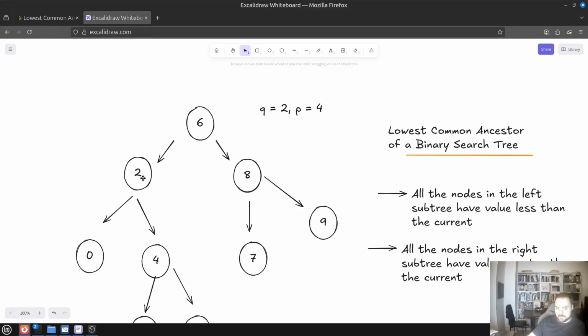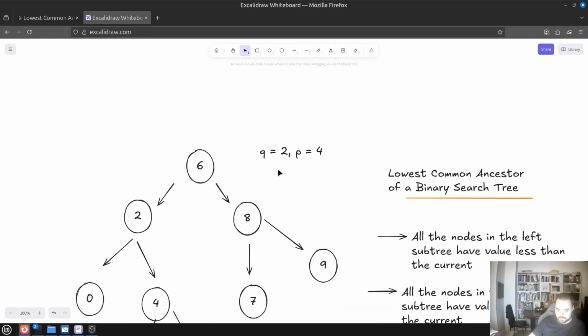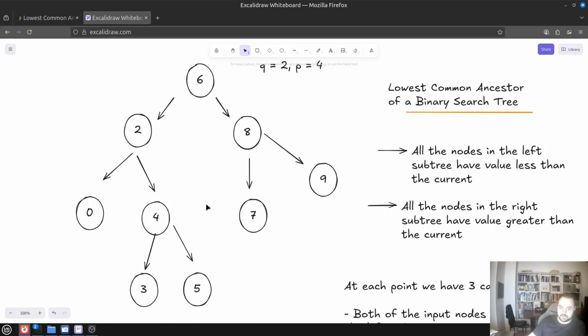Then we have the case where they split already in the second node: P is greater than 2, so it's on the right side, but 2 is not less than 2, which means that we have to stay here. This is the case where they split, so we have found the lowest common ancestor, LCA, and this is 2. And of course, no matter what kind of nodes we would pick, we can always find them using that algorithm.